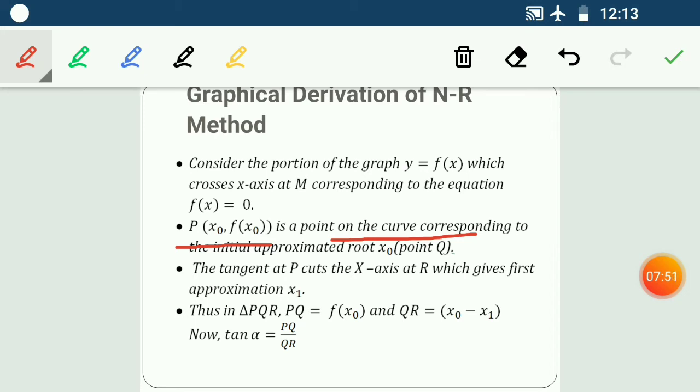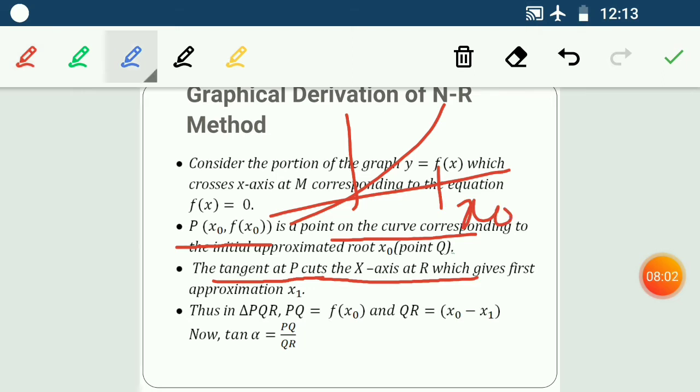Now suppose this tangent at point P cuts the x-axis at point R. That means suppose this is my graph, this point is x naught, so this point is my P with the coordinates x naught and f of x naught. Now I am drawing a tangent to this, and where it cuts the x-axis, that is my point R. Okay, this point R, and I am representing the x naught point as Q.